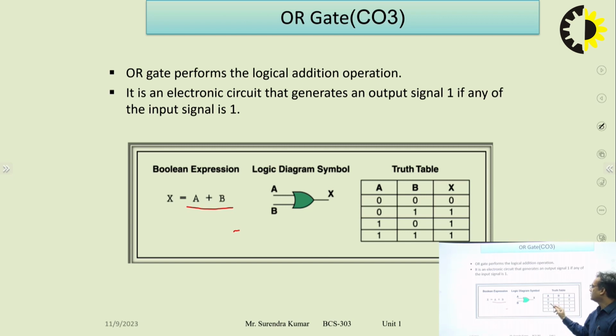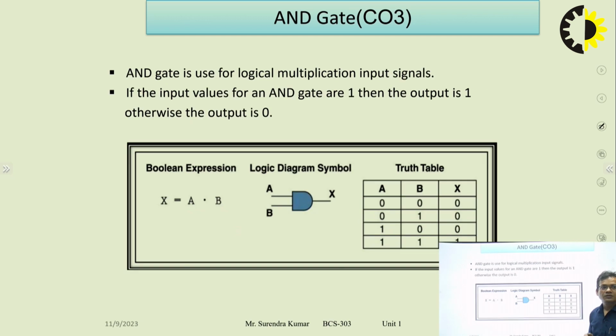So here A is 0 but B is 1, so it is 1. A is 1, B is 0, again it is 1. Both are 1, then again it is 1. It will be false only when both the values are 0. So when A and B are 0, it will produce a result of 0.